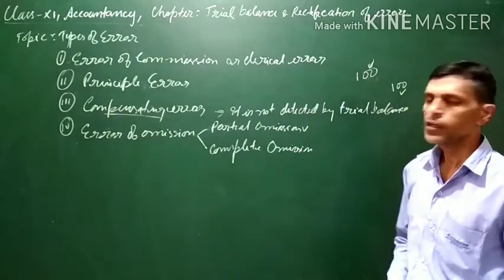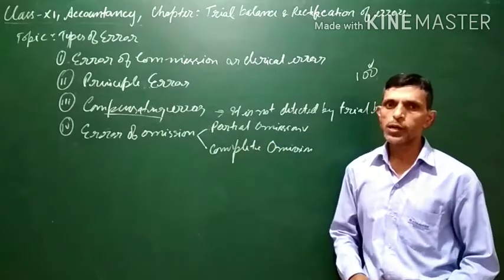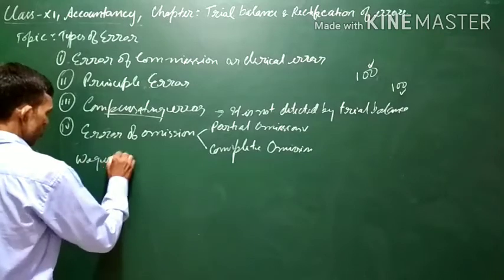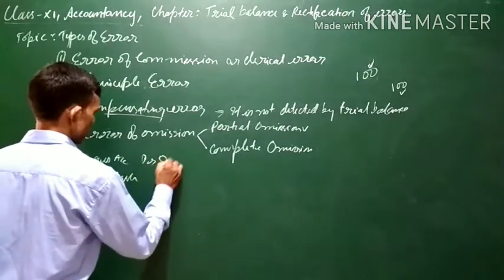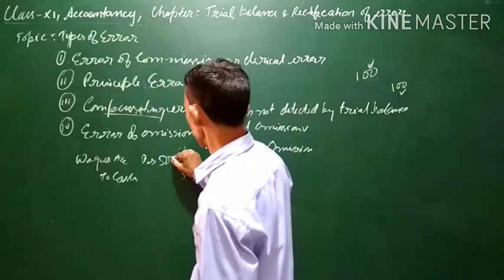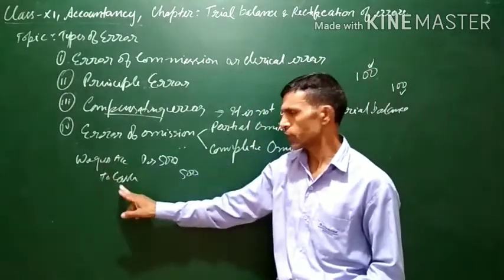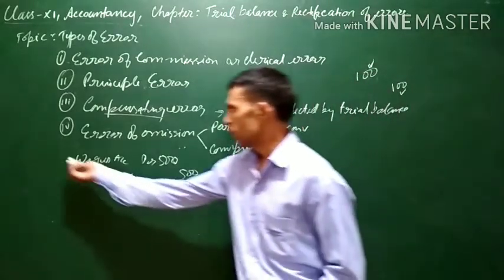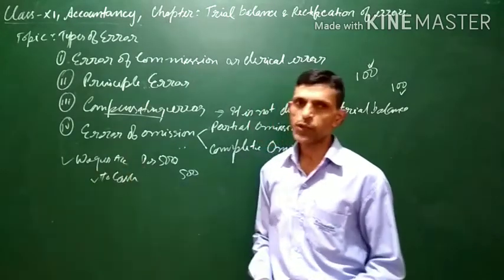Partial omission is one where one aspect of the transaction has not been recorded. Assuming wages account debit to cash, this is the journal entry passed at the time of paying the wages. Now wages will be posted to the wages account and cash will be posted to the cash account.